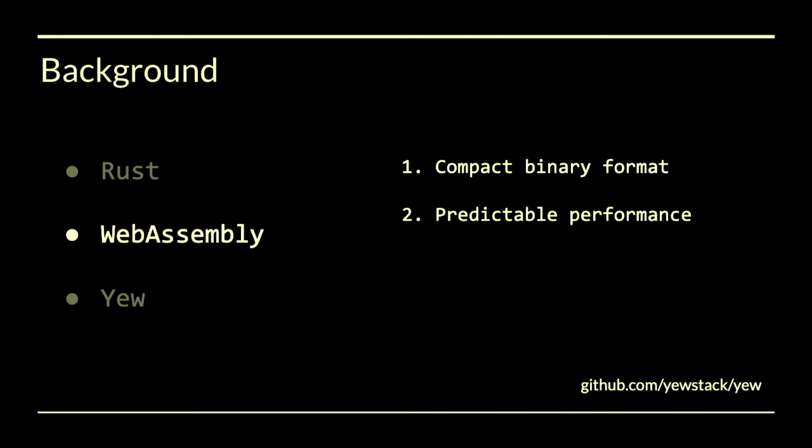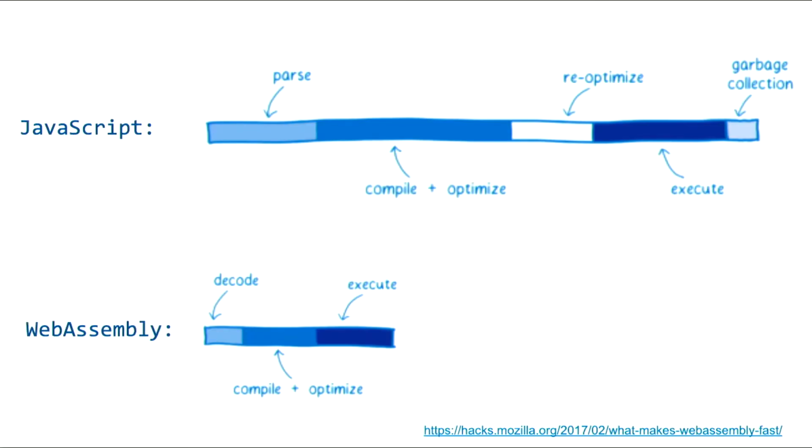Another thing that's nice about WebAssembly is there's no garbage collection happening that would be happening with JavaScript. So the performance of a WebAssembly application is, again, more predictable, just like I was saying about Rust. And another thing that's more predictable about it, this is a nice diagram from Lynn Clark.